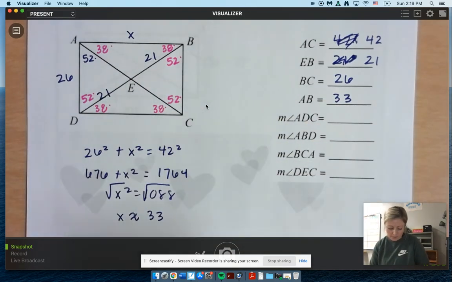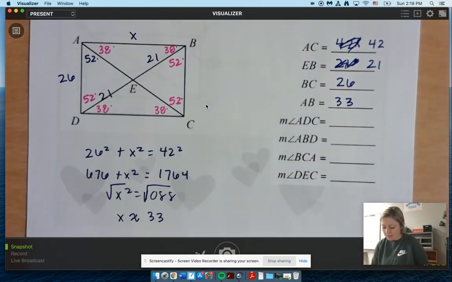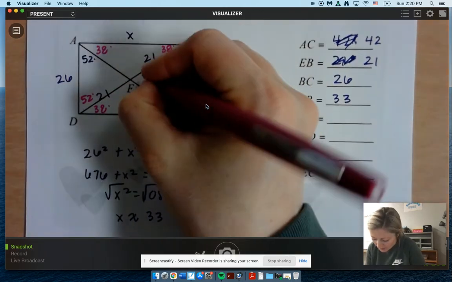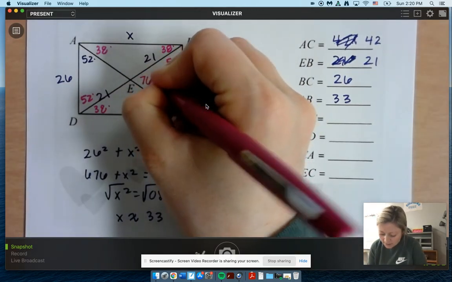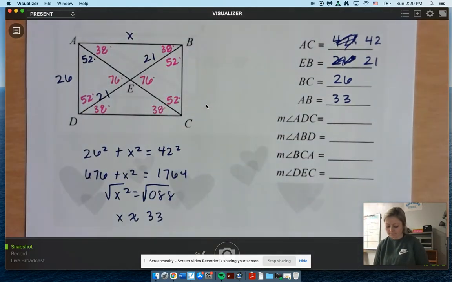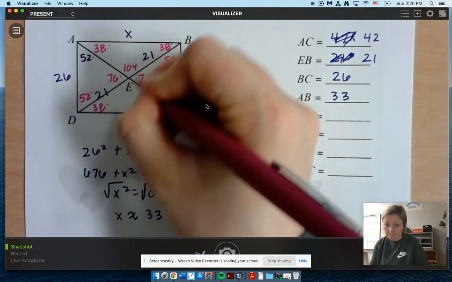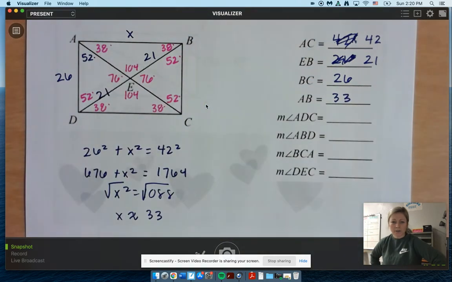So if I wanted to do this one right here, 180 minus 104 would give us 76. 76, because they're vertical. And then we would know 180 minus 76 would give us that 104. And there you have it. We just found all of our angles based off of one angle measure again.